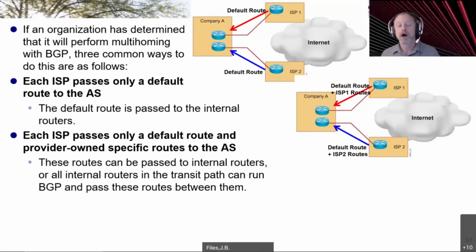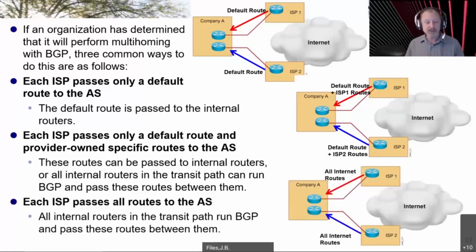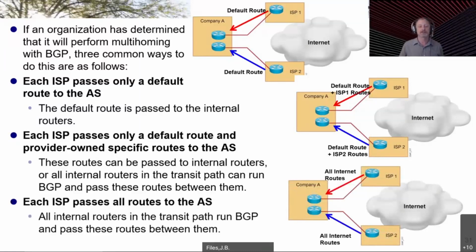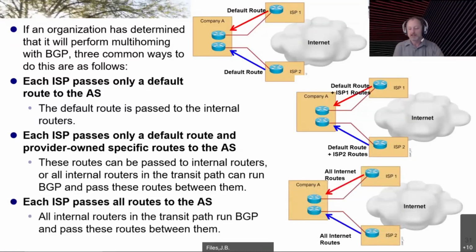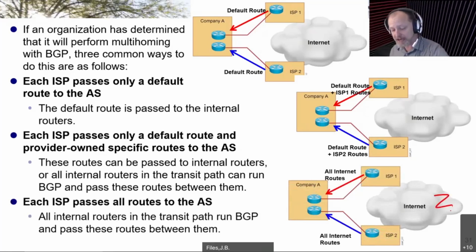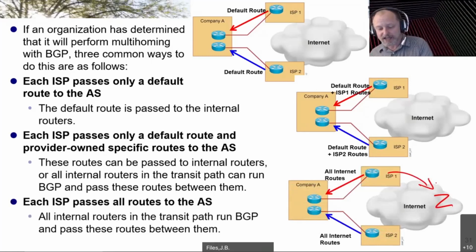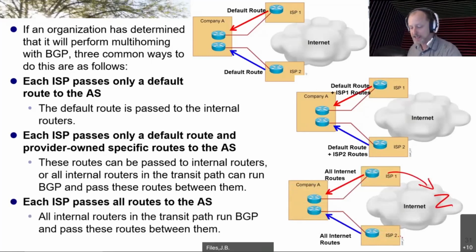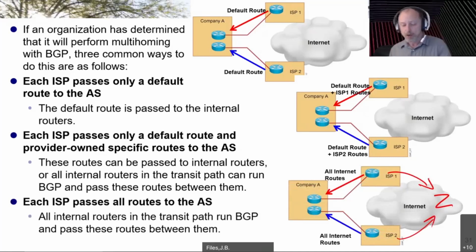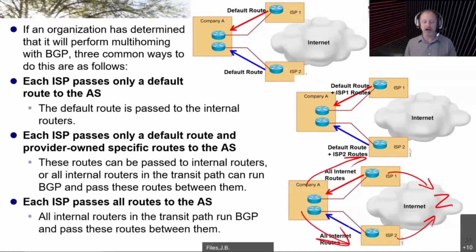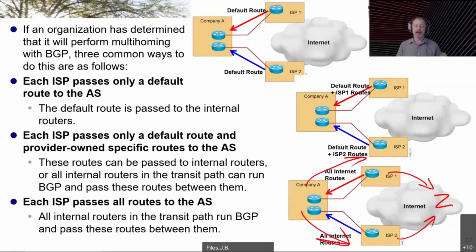Or we're just going to go for the full gusto, and each one is going to give us full internet routes. So say we've got network Z out here. ISP1 figures out how it's going to get to Z, and ISP2 figures out how it's going to get to Z. We might go this way or we might go this way, all depending on the path attributes.